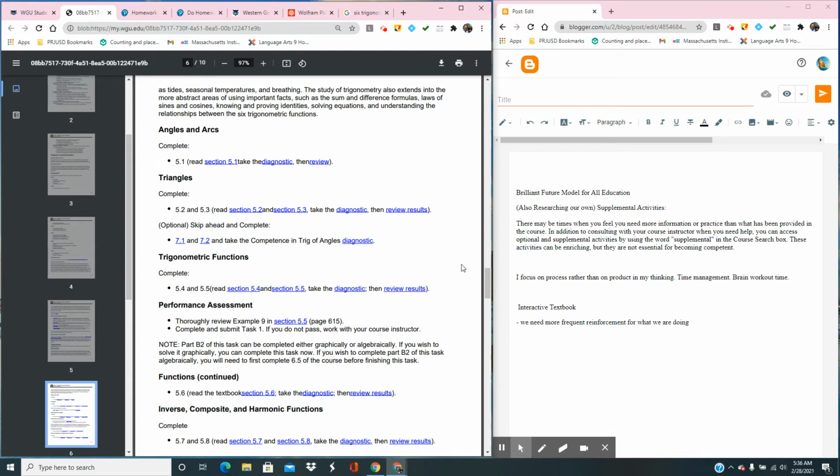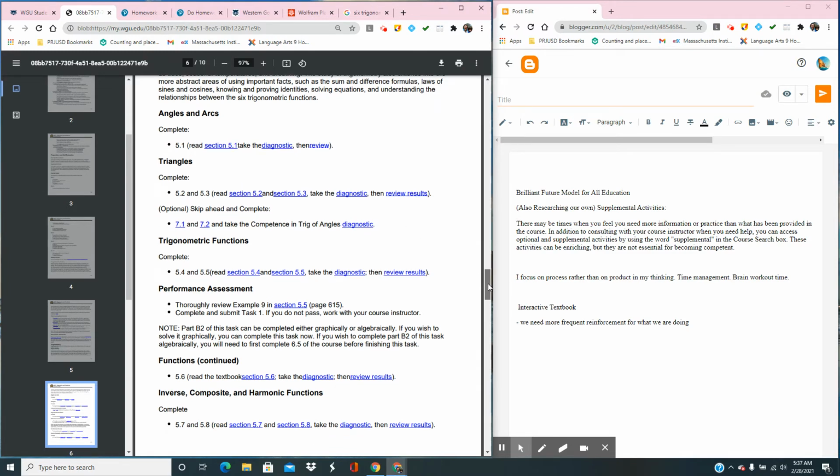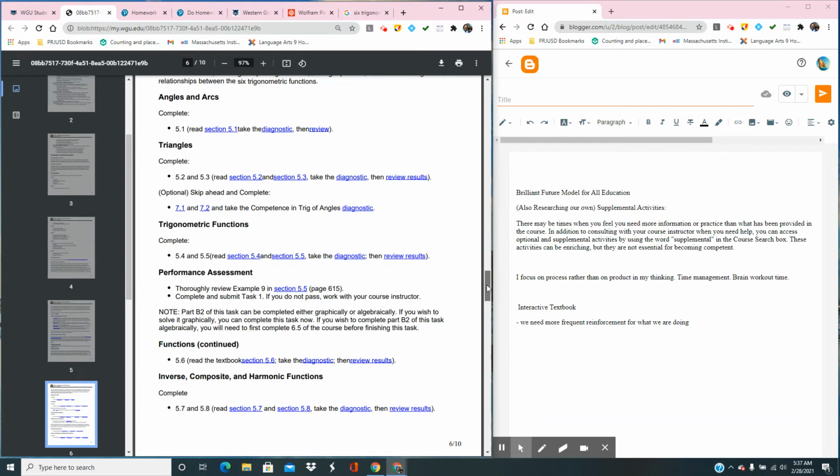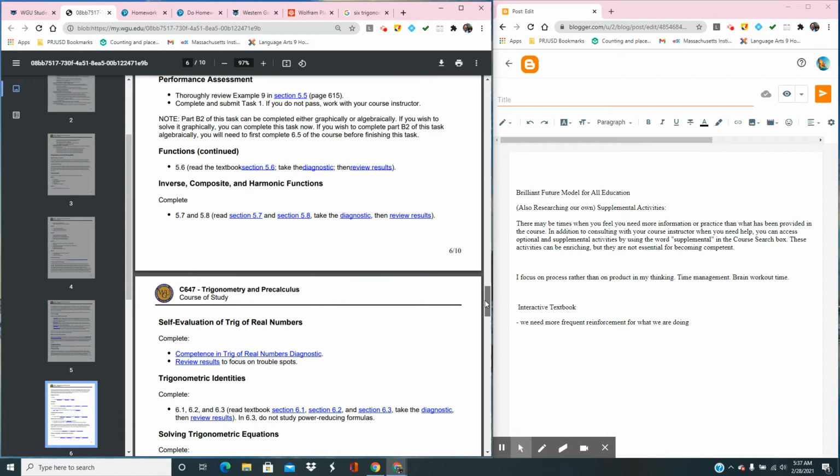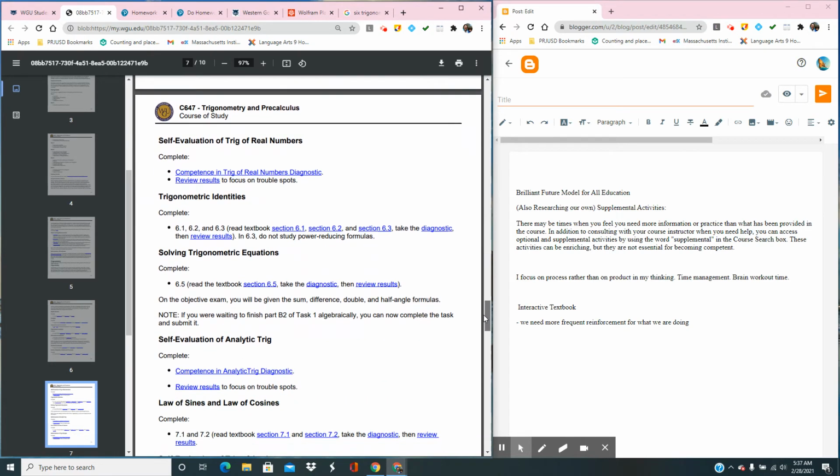So then, these angles and arcs, I need to complete section 5. I saw 5 earlier. That's good. Take the diagnostic and then review. Read the section, then take the diagnostic. The triangles, read these sections. This is an interesting little map of what I'm supposed to do in what order, and optional to skip ahead. Performance assessment, evaluation.